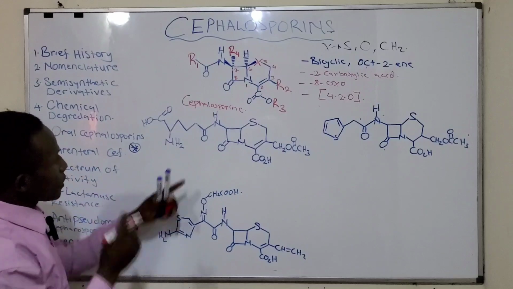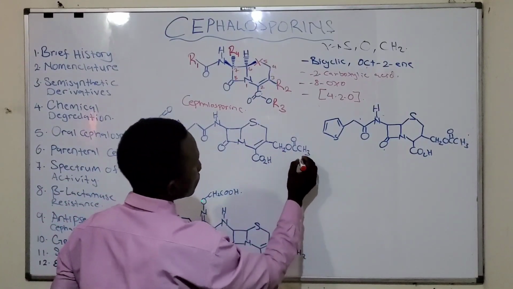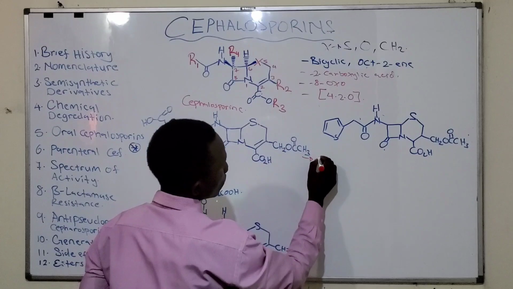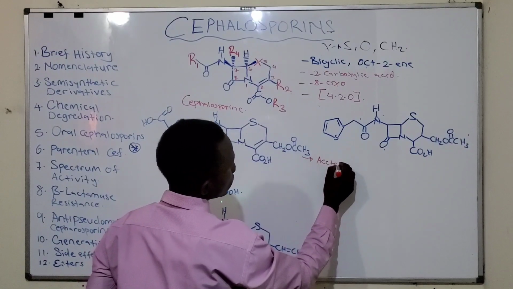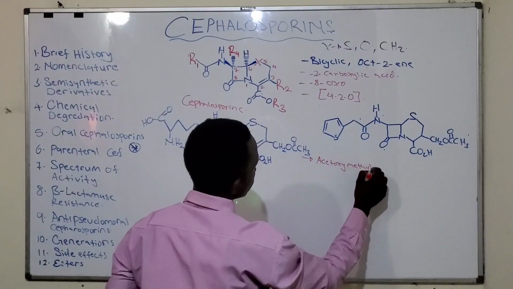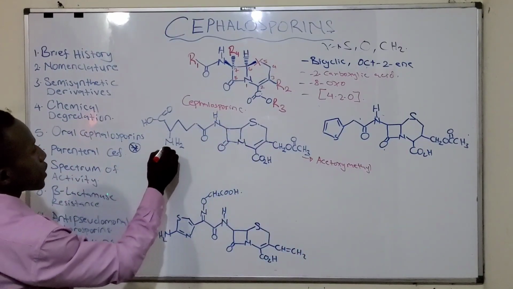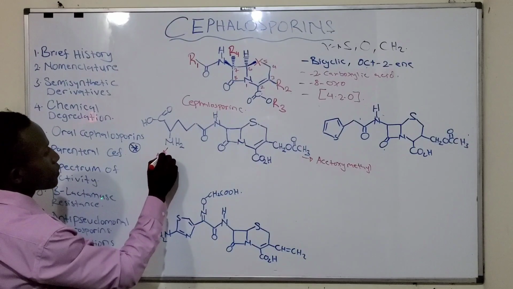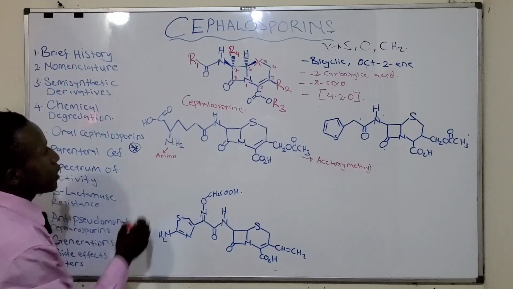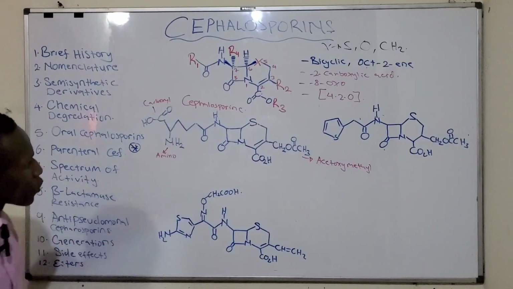So now for cephalosporin C, this one is an acetoxymethyl group. Now this is an amino group, and this is the carboxyl group.